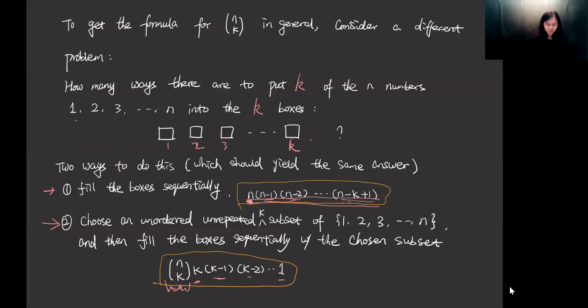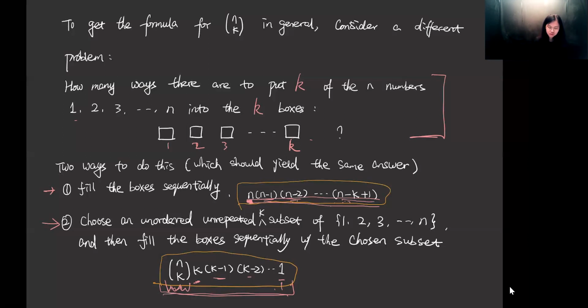So there is only one way to fill the last box once you have filled the other boxes. So this second way gives you this answer. And these two ways are solving the same problem. Their answers should be equal.